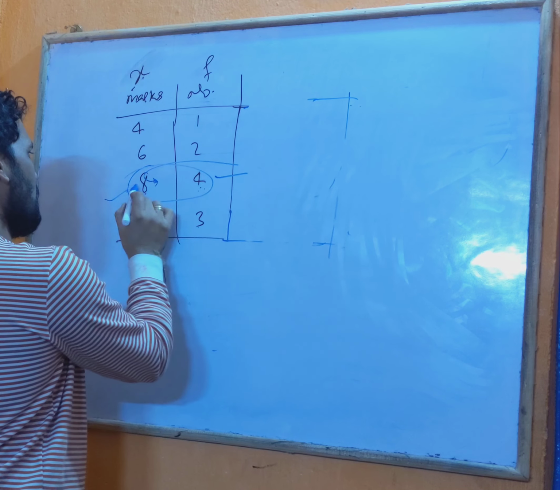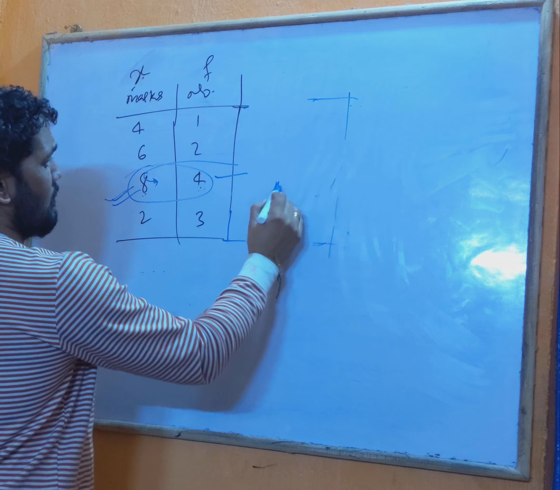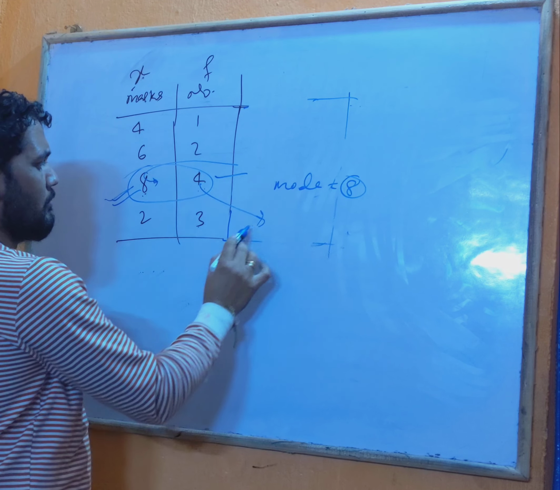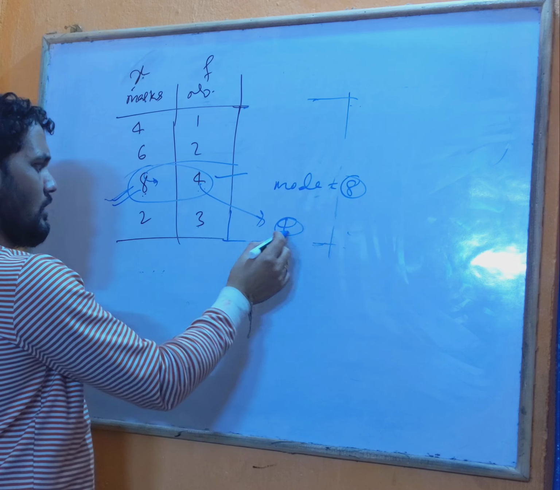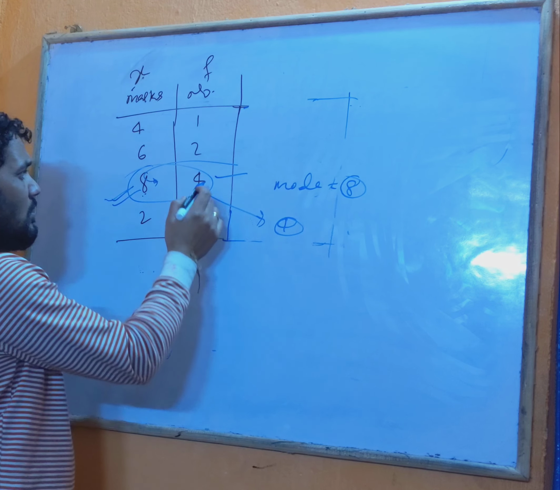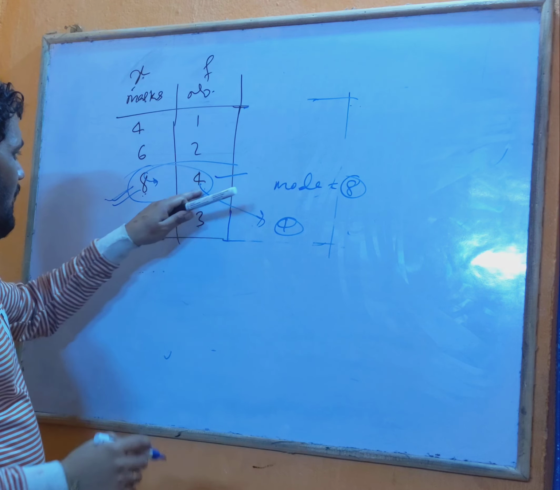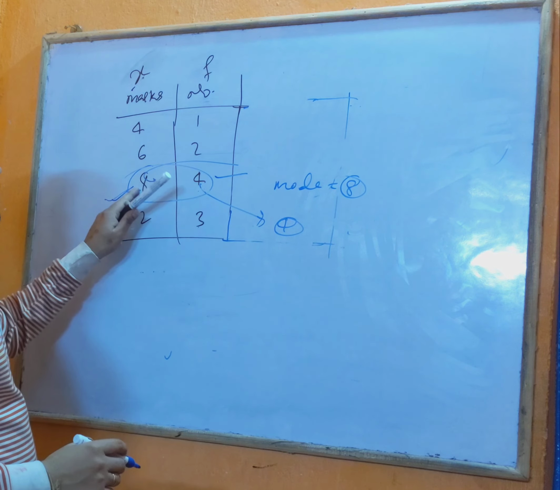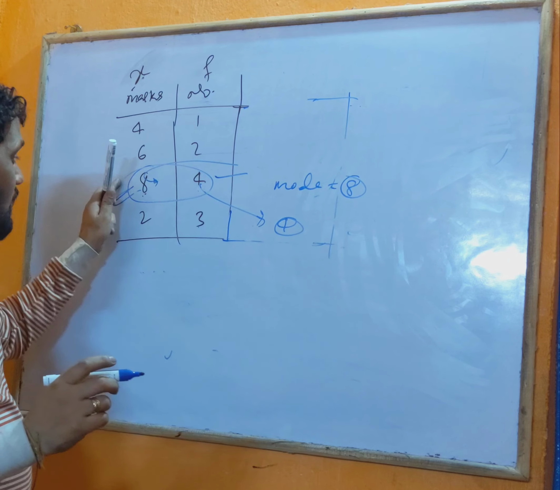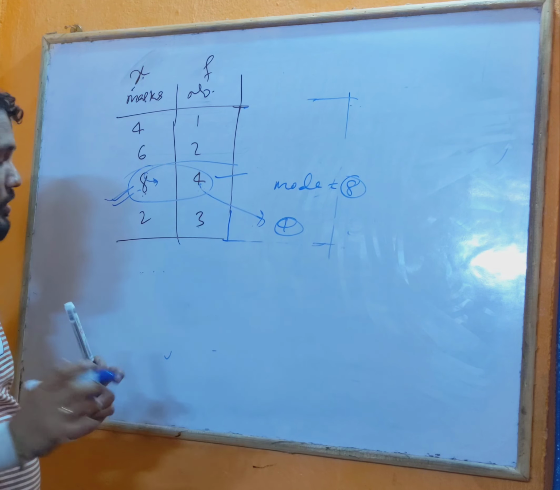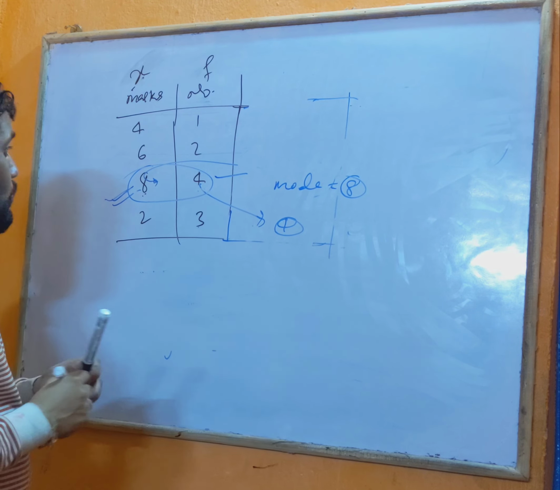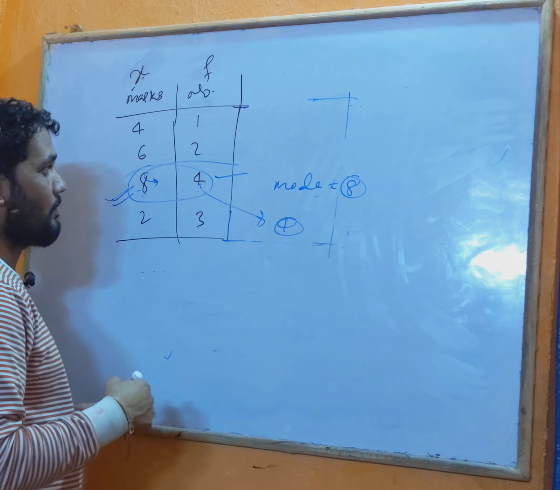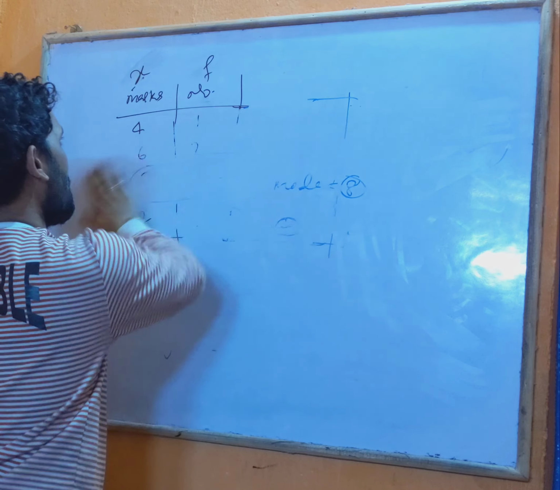So the mode is 8, because the maximum frequency is 4. The corresponding marks for the maximum frequency is 8. So 8 is your mode. Now let's move to the next thing in this chapter: continuous distribution data.